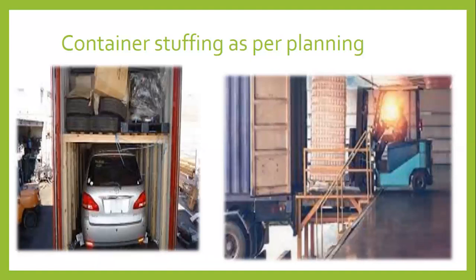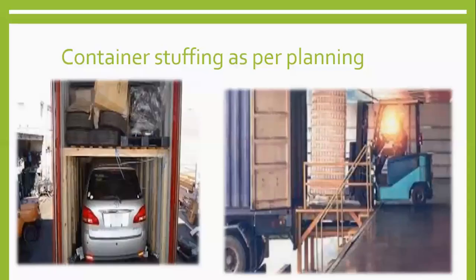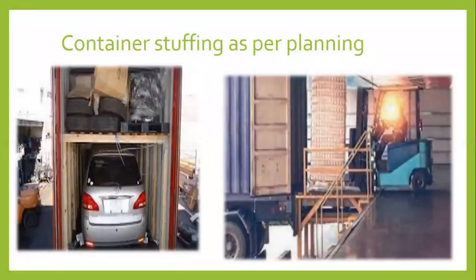So container stuffing should be as per the given planning. Once the empty container is loaded and everything is okay, then as per requirement we need to fumigate the container.